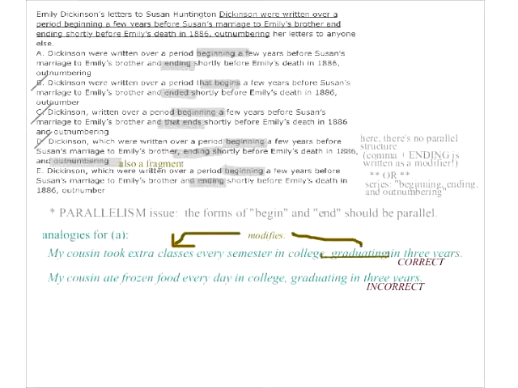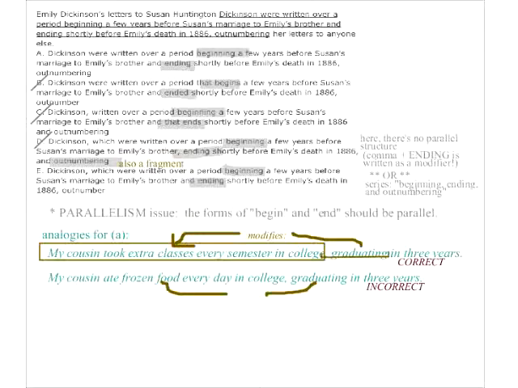The first one of these works. I mean, if you take every, that's a valid modifier for that kind of structure because it tells you an immediate consequence of taking all these extra classes in college. On the other hand, this clearly doesn't because eating frozen food has nothing to do with graduating early. So let me re-emphasize there are no grammar errors in either of these sentences.